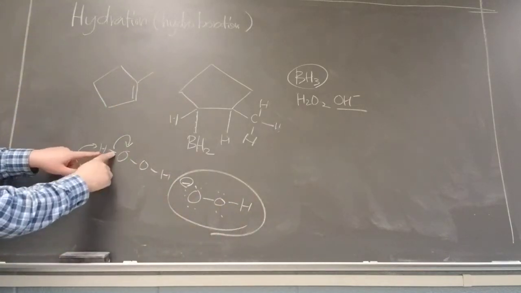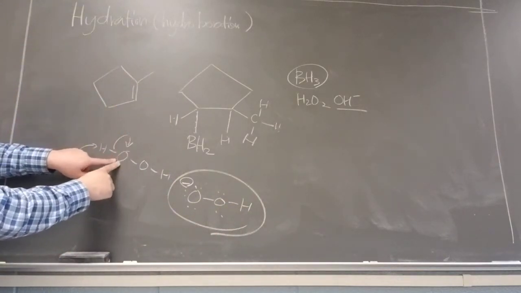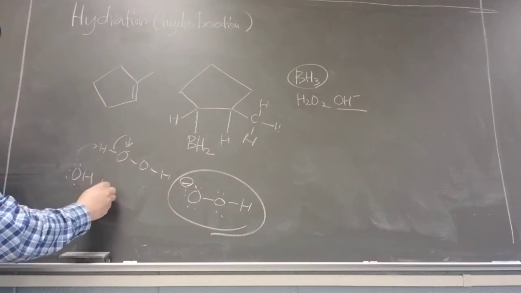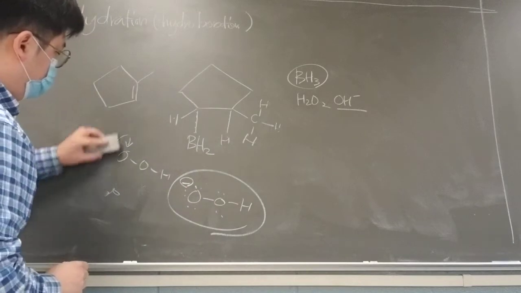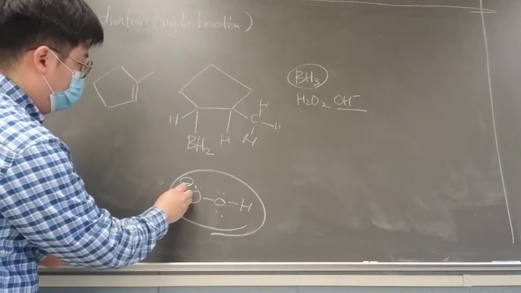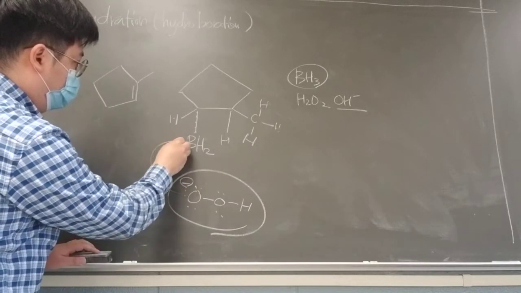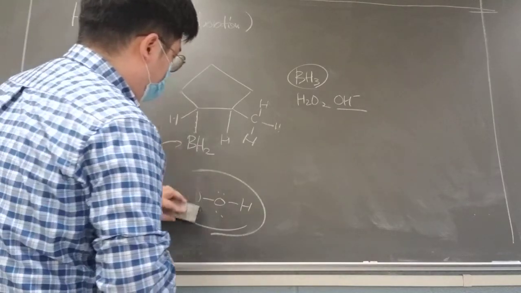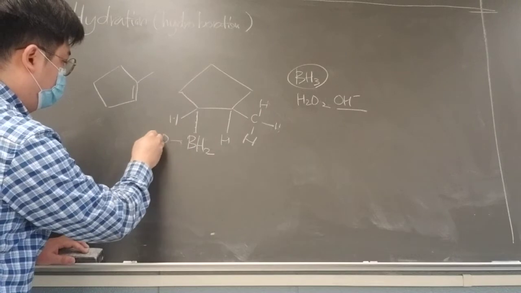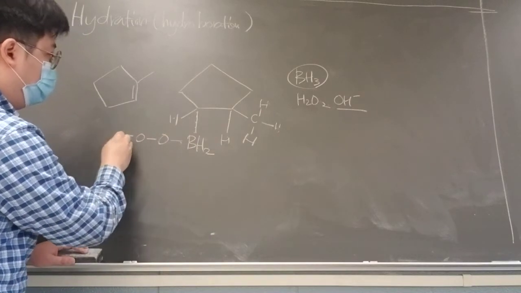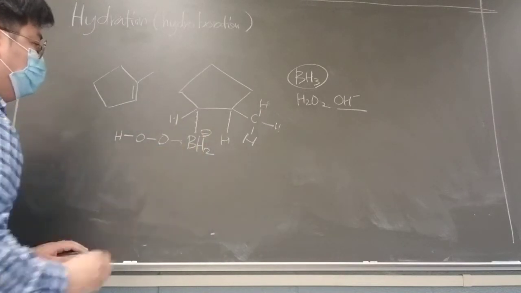Okay. Because the pair of electrons now is onto this oxygen right here. Because of that, it becomes water. So when it comes to this one, now this is going to attack over here. Okay. See, this is over here. Then what happens to this one is it becomes here. Okay. This is okay.